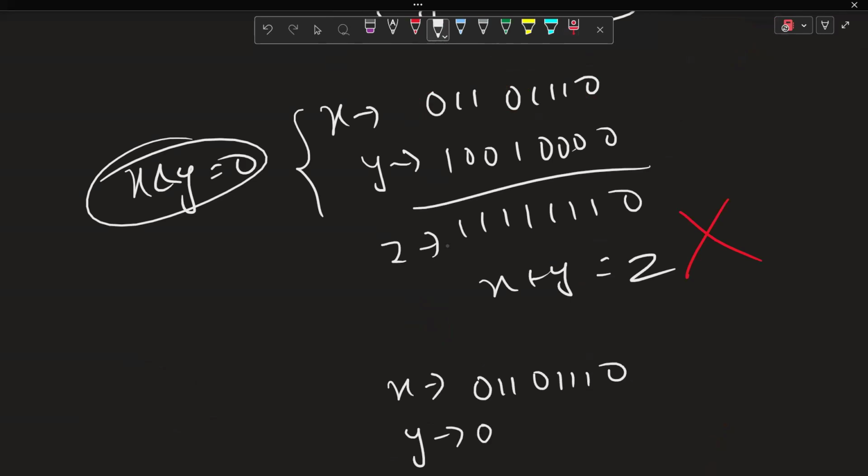and you pick some y where, if this was a set bit, you set that bit, and this was an unset bit, let's say you set that bit.